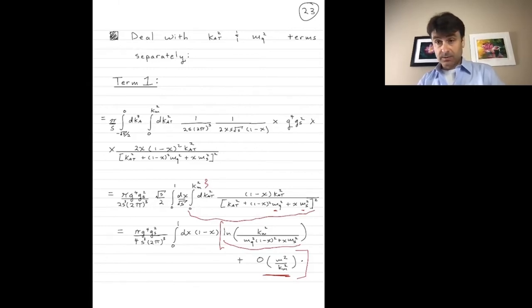So that means that this transverse momentum that I integrate up to needs to be large relative to the masses. But remember, I also said that all the transverse momentum that I consider should be small relative to the center of mass energy, the square root of s.